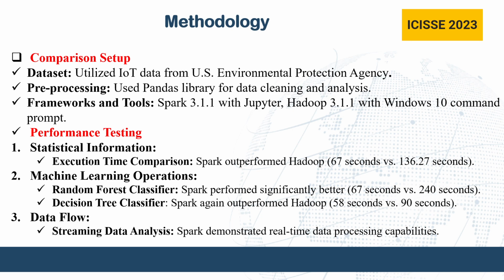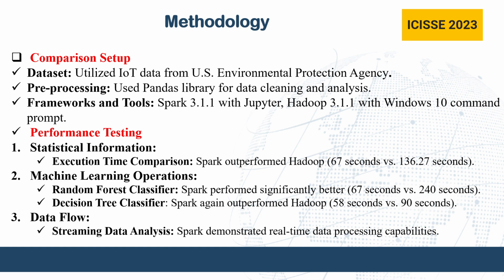Performance testing, statistical information. In the execution time comparison, Spark outperformed Hadoop: 67 seconds versus 156.27 seconds. For machine learning operations, with the random forest classifier, Spark performed significantly better: 67 seconds versus 240 seconds.